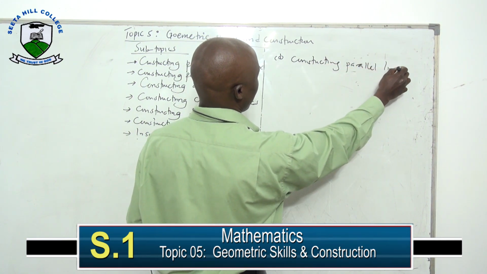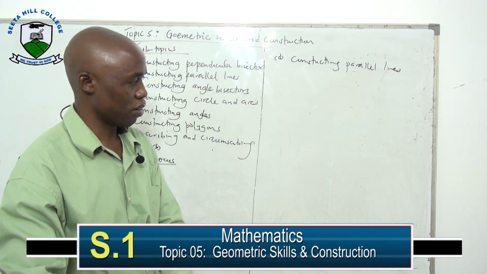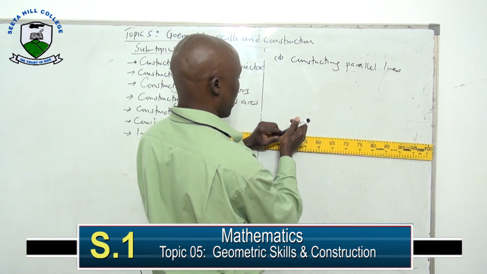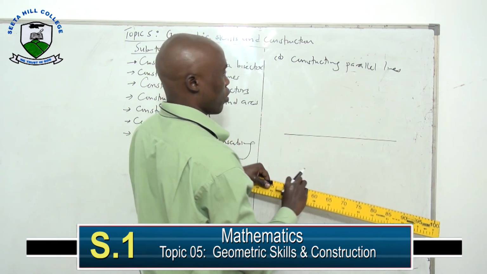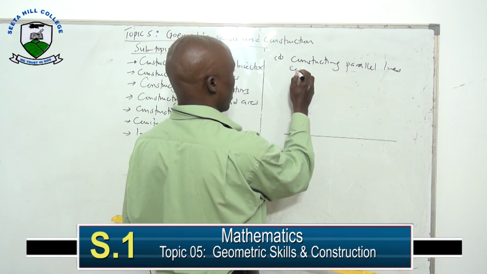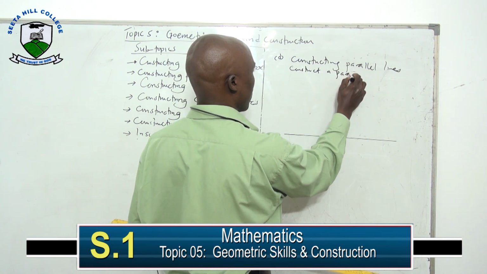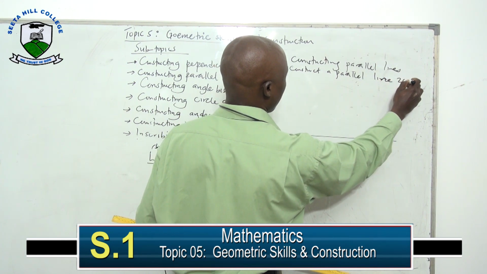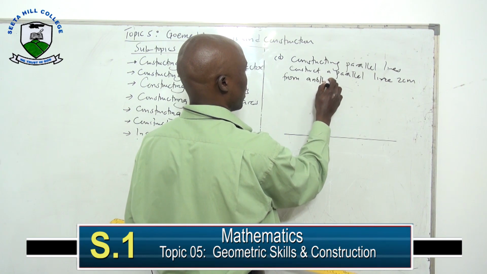If I have one line and I want a line parallel to it, I have a line here, then I want another line. That means construct a parallel line 2 centimeters from another line. How do I achieve that?